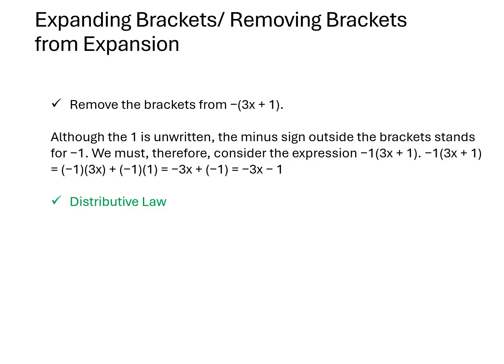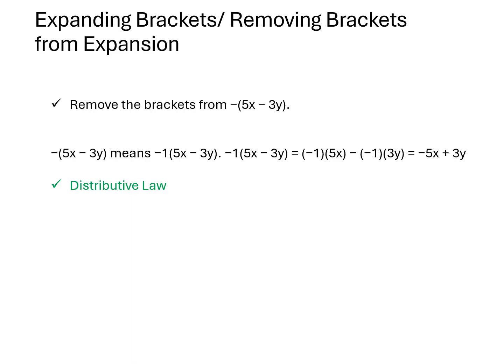So it's negative 1 times 3x. Negative and positive give negative, because the signs are different. So negative 3x, and negative 1 times 1 is negative 1. So that's the answer.